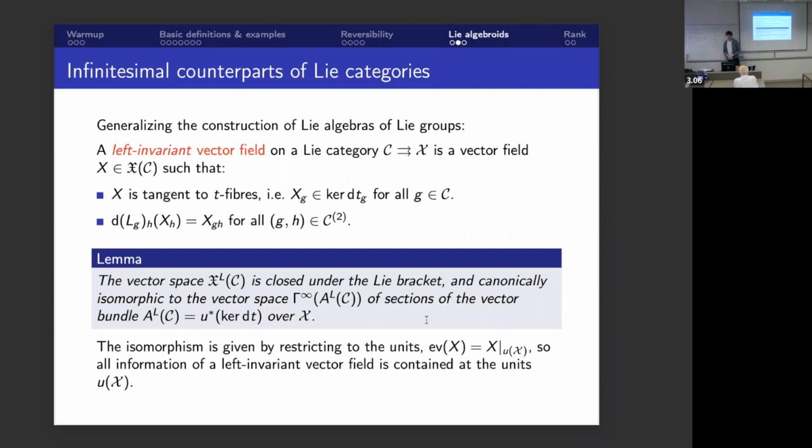So basically this is a multi-object analog of the construction that we've all seen for left invariant vector fields on Lie groups, right? And the isomorphism between the set of all left invariant vector fields and the vector space of sections of this bundle is given precisely by restricting to the units.